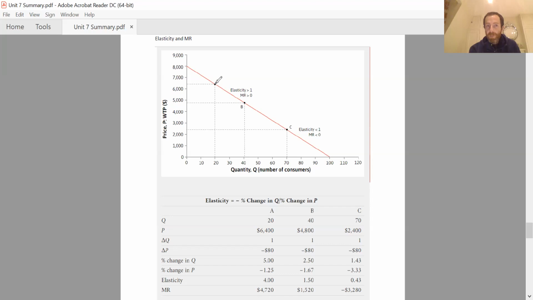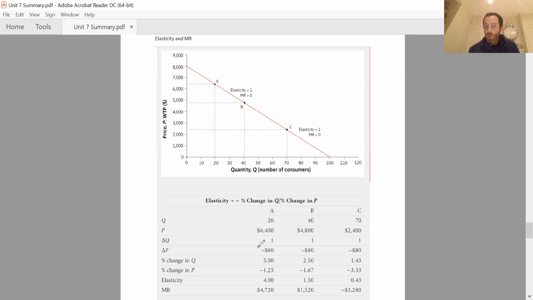In order to do that, the price is going to have to decrease. Down here in the table, it gives us these changes. So quantity is 20, the price at 20 is 6,400. If we think about a change in quantity of 1, as in getting one more consumer, in order to do that, we have to decrease price by $80.